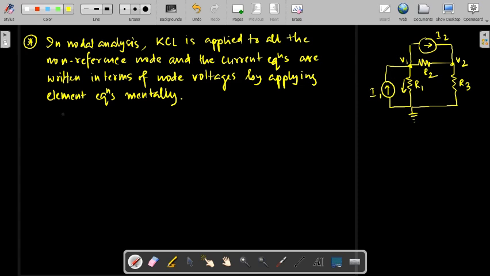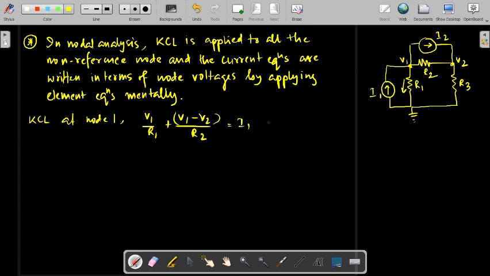So KCL at node 1 will be V1 by R1 plus V1 minus V2 by R2 equal to I1.